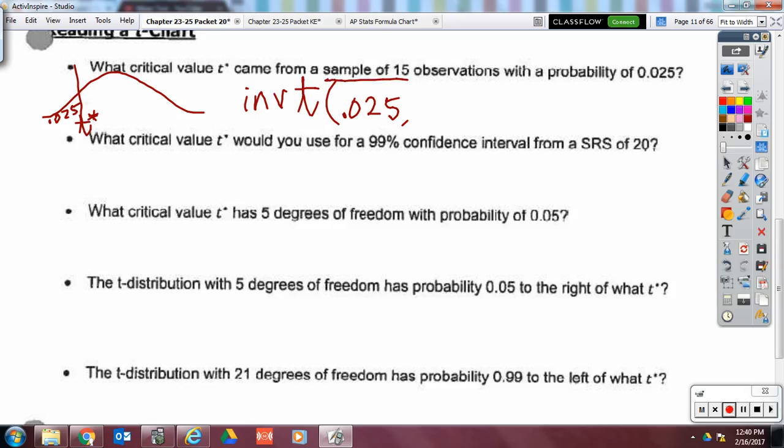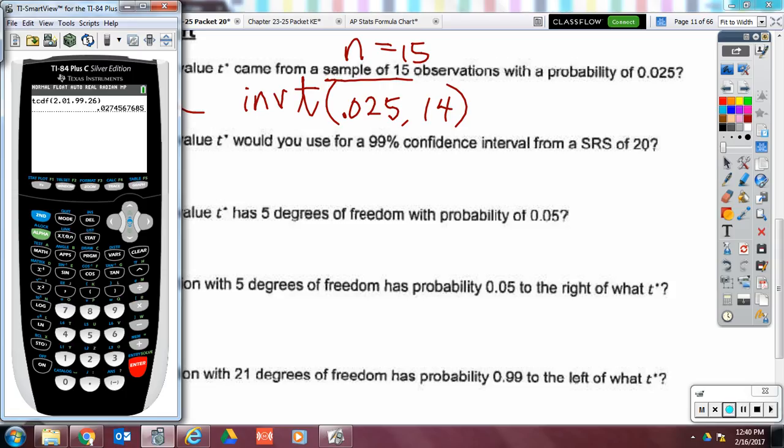Our sample size is 15, so what's the degrees of freedom? 14. This is located in your calculator under second vars, and for me, it's number 4, inverse T. The area is 0.025 with the degrees of freedom of 14.